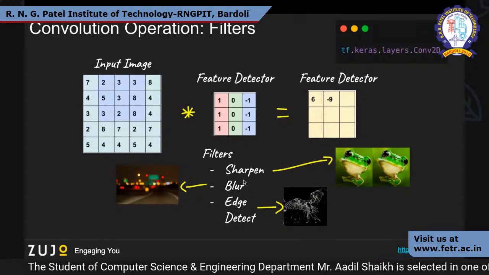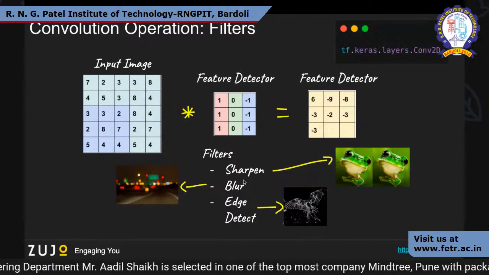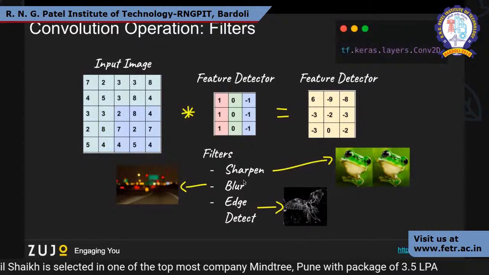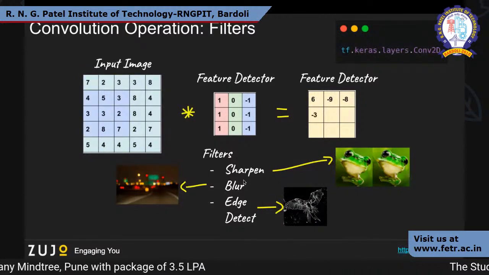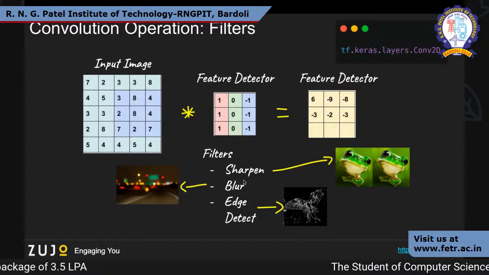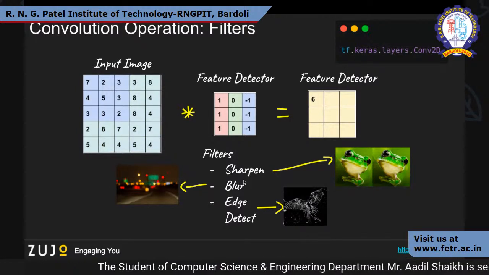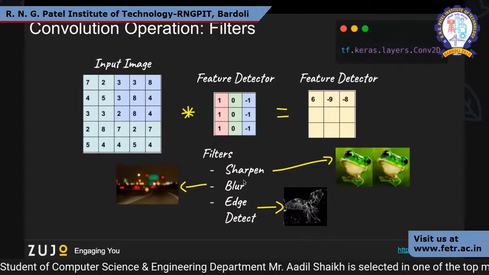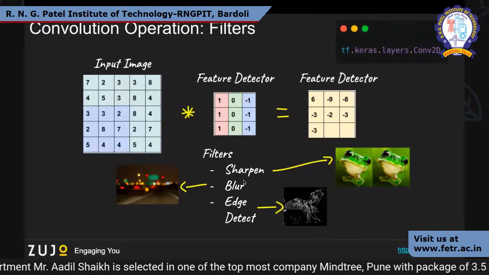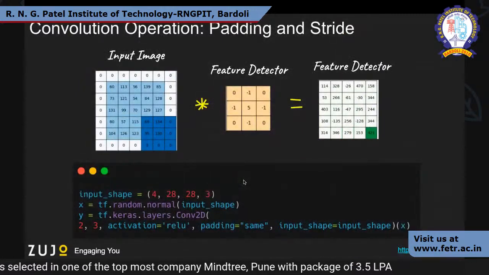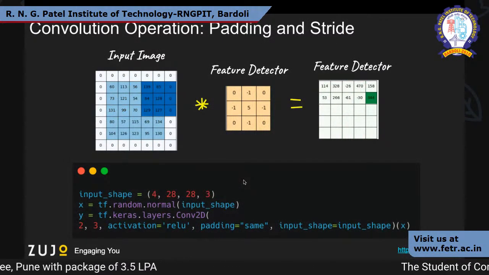Basically the reason is that we are majorly focusing on the center of the image, but while doing the dot product we are ignoring the part of the corners, right? In the computation, the corner parts count for much less as compared to the center part, right? To resolve that problem, we usually use padding.